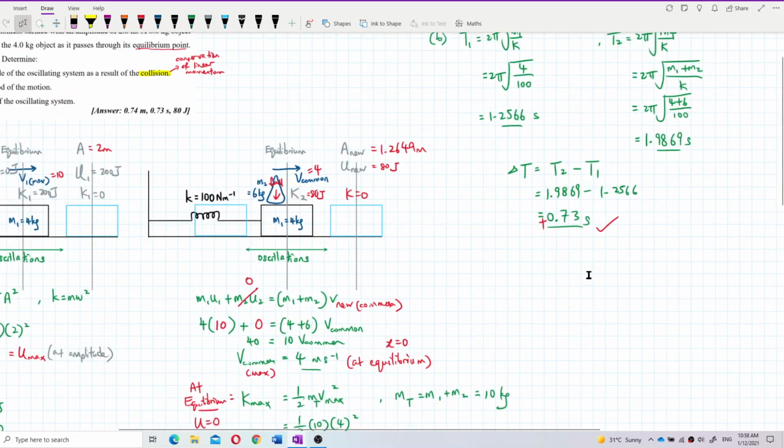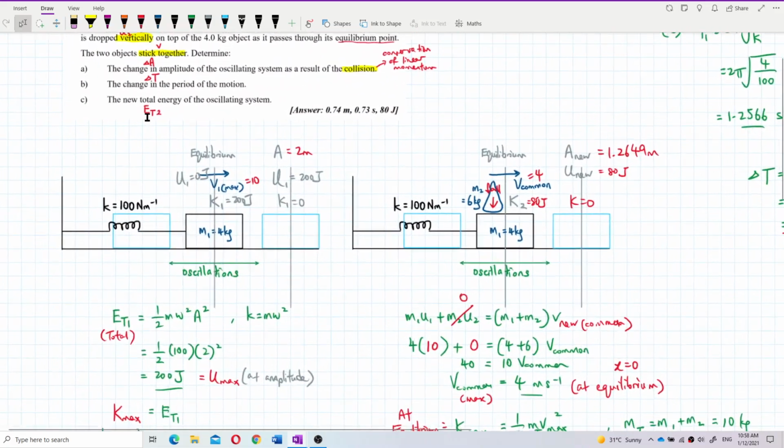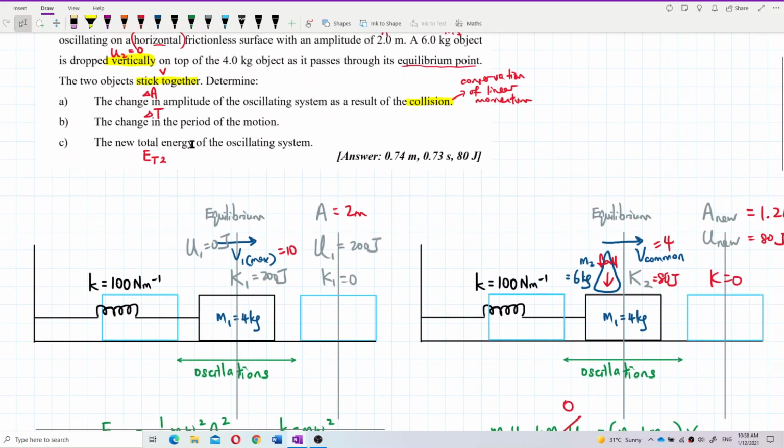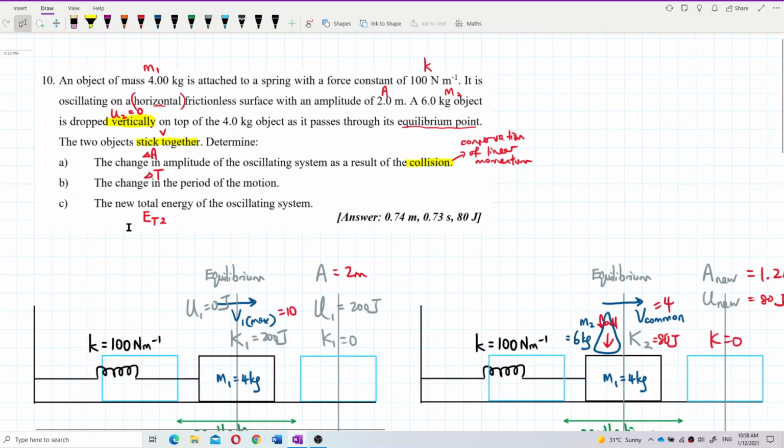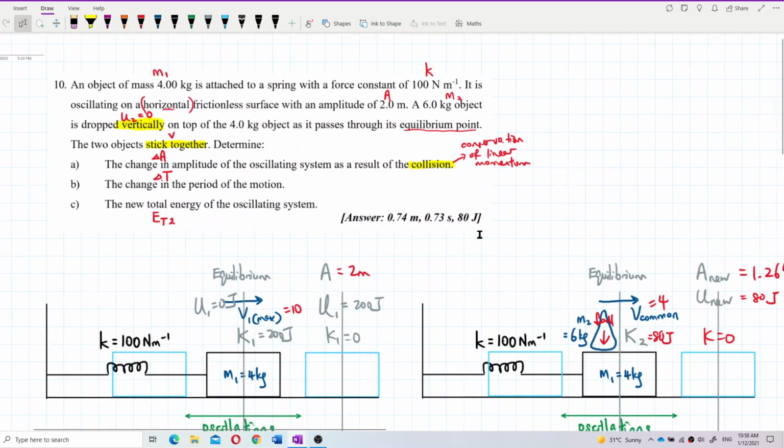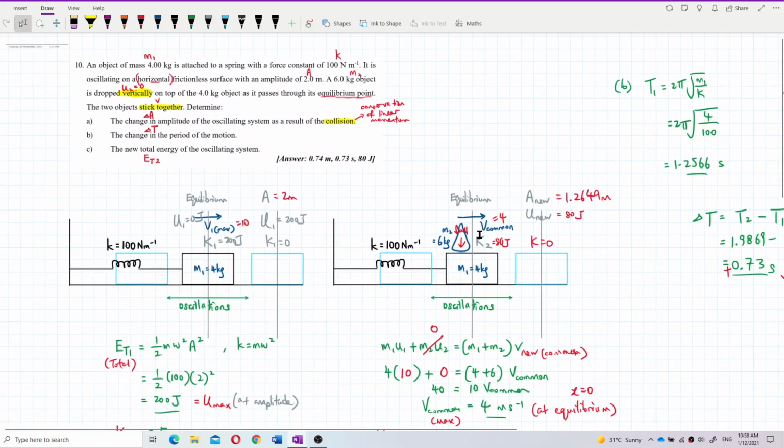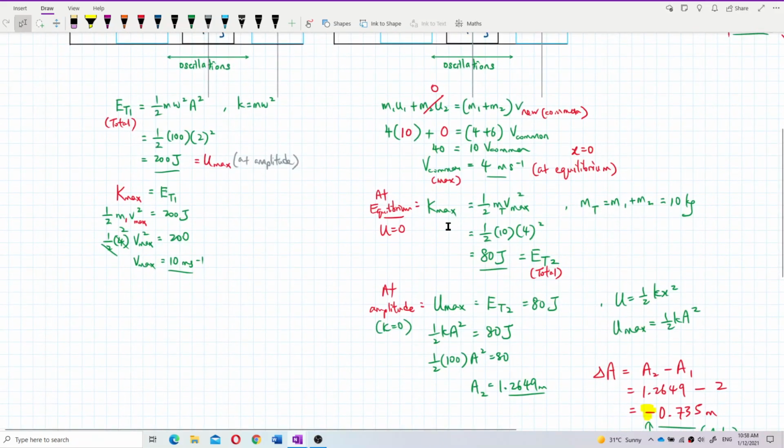So finally, what is question C? What is the new total energy of the oscillating system? So we want to find the new total energy. We already got it in the first question, right? The new total energy is actually 80 joule.